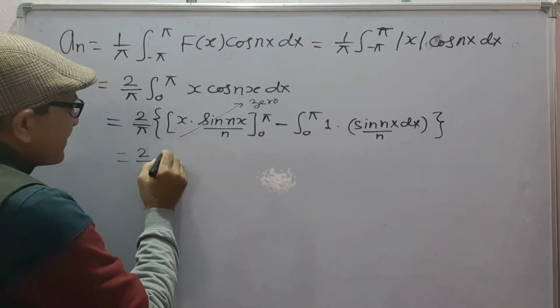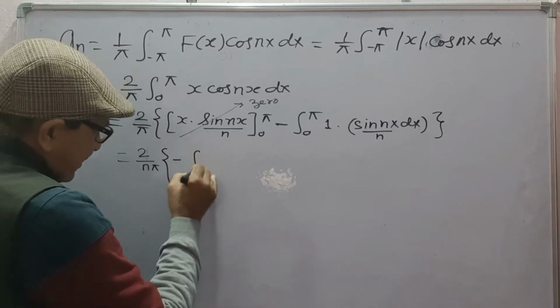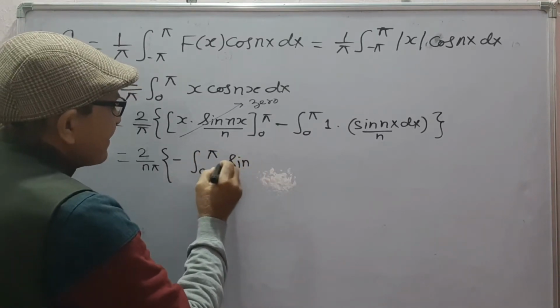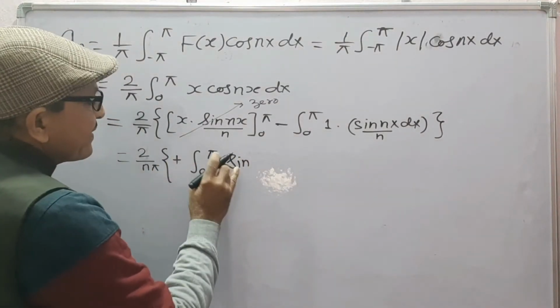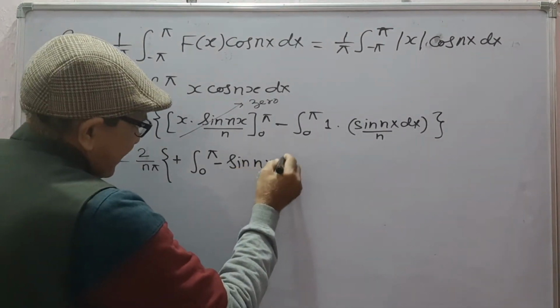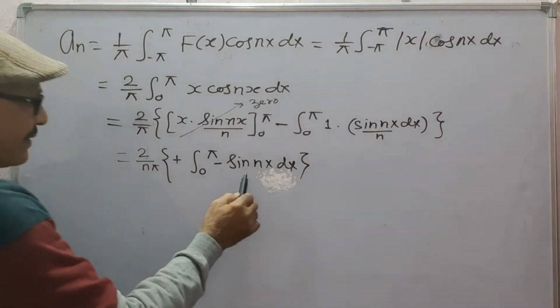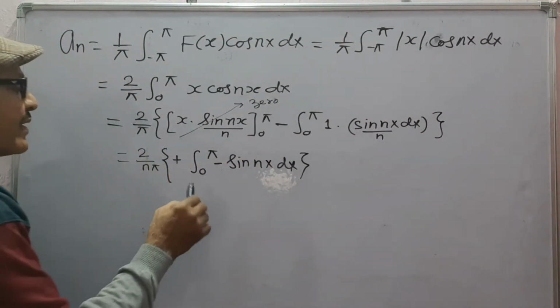Now this is minus integral 0 to pi sin nx dx, n has been taken in common.